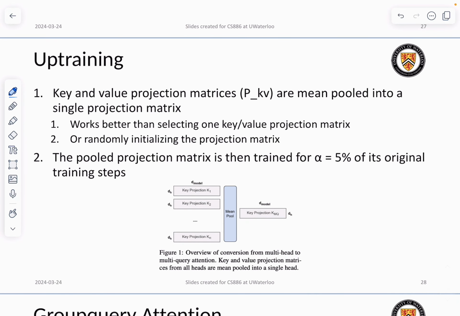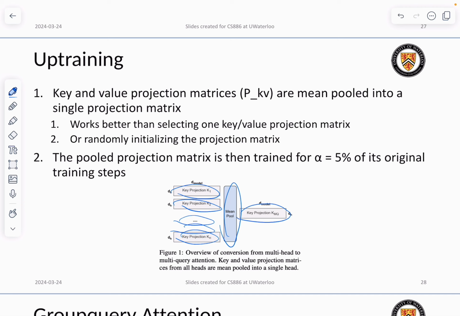So we're first going to cover uptraining, and the idea is very simple. For example, we already had our original k different projection matrices, and we take the mean, and we say, okay, now we have a new projection matrix.